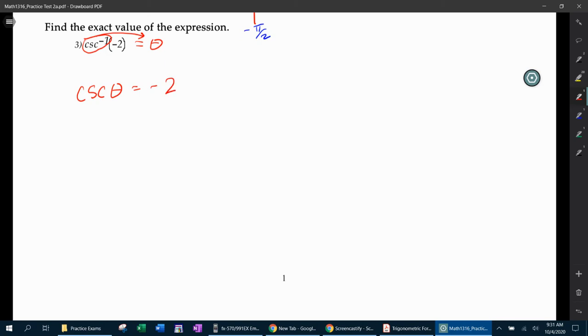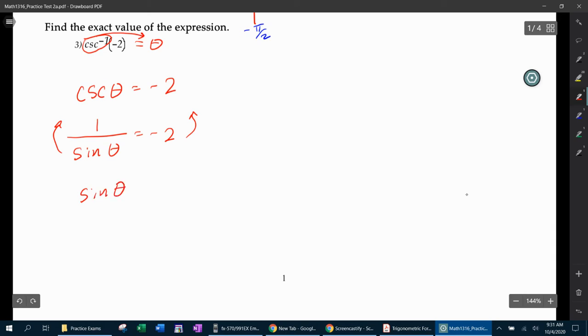And then I know that cosecant is the reciprocal of sine. So then I can say 1 over sine theta equals negative 2. And then I can simply flip both sides. So flipping this side gives me sine theta. Flipping negative 2 gives me negative 1/2.